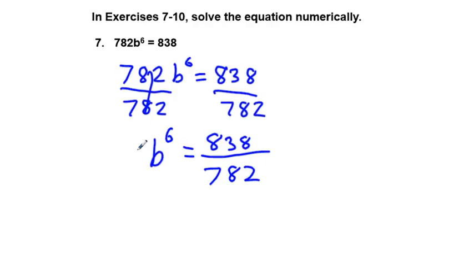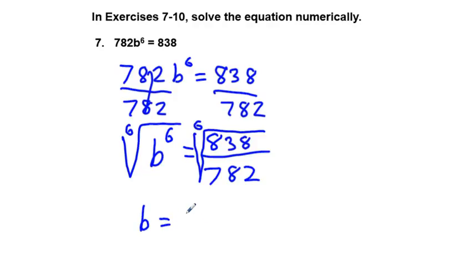And to undo this power of 6, we take the 6th root. So we take a radical here with a 6 in the upper left corner. And so b is going to be equal to the 6th root of 838 divided by 782.